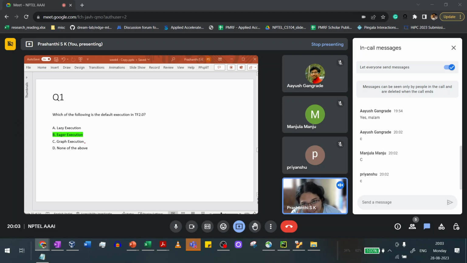The answer is eager execution actually. So again, although you might associate graphs with TensorFlow, these lazy and eager executions are common terms that you would find, right? So what does eager execution mean? It basically means that operations that you define are evaluated immediately, right?